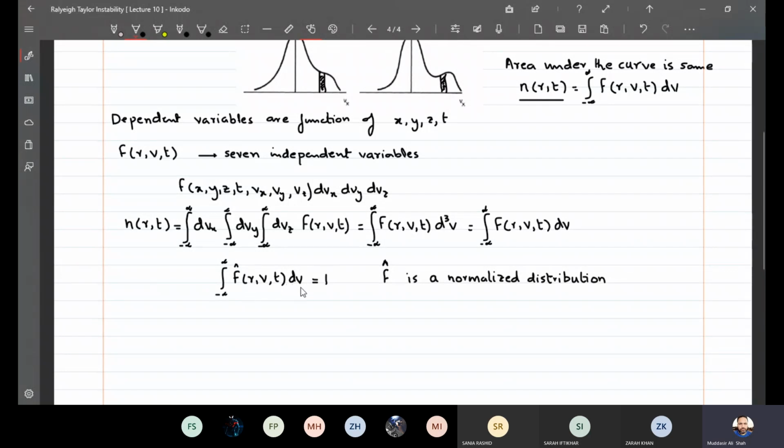So the sum of all probabilities is equal to 1. So we considered this normalized distribution. So we can also call it a probability.